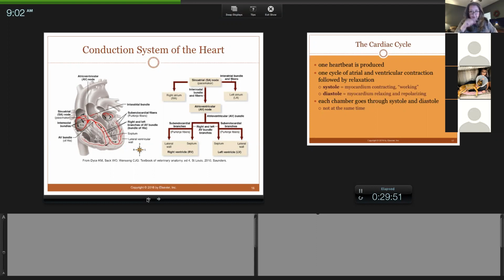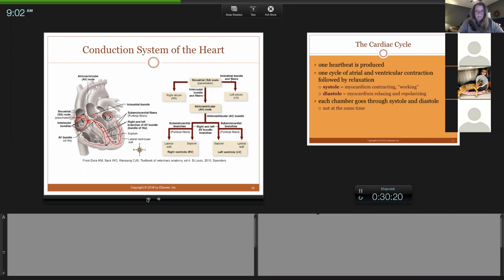Now, if the electrical system is working, it should initiate a coordinated contraction of the heart. And that's how you get coordinated blood flow, if this is working properly. But remember, I said occasionally you get that thing called EMD, electromechanical dissociation, also sometimes known as pulseless electrical activity, where the electrical system fires, but the heart does not beat.